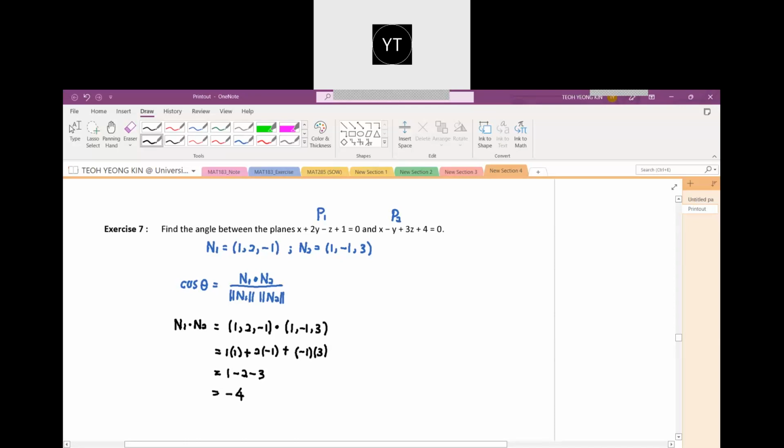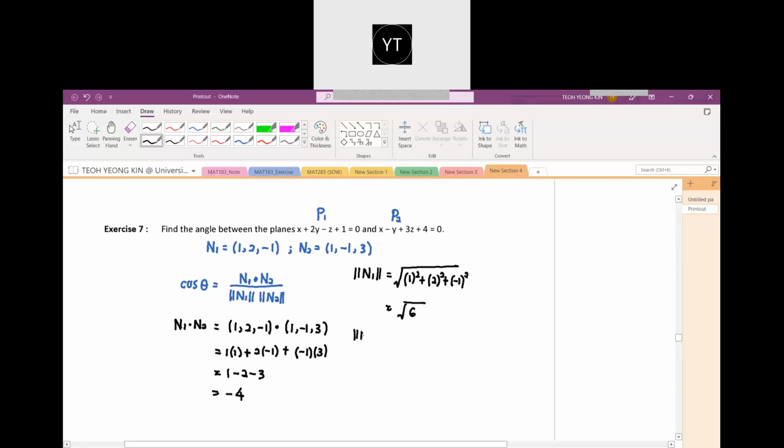Then we try to find the magnitude of n1 and n2. The magnitude of n1 is equal to the square root of the squares of each element in n1, which is 1, 2, and negative 1. So 1 squared plus 2 squared plus negative 1 squared. Here we have 1 plus 4 plus 1, which is 6. Square root of 6.